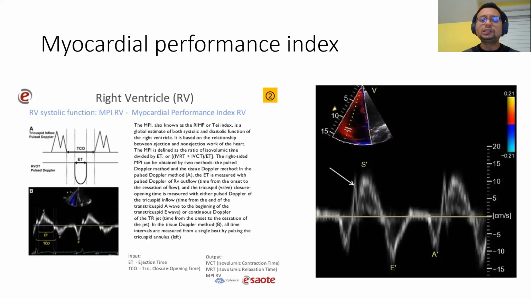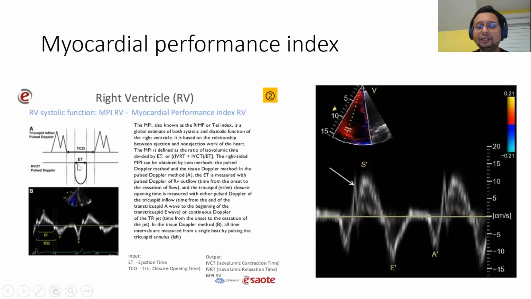Another way is to use pulse Doppler. You can use the inflow of your tricuspid valve. If you have tricuspid regurgitation, you measure the regurgitation time, the time from tricuspid valve closure to tricuspid valve opening. But you have to go for another cycle because you need to go to the pulmonary valve to measure the pulmonary valve ejection time.